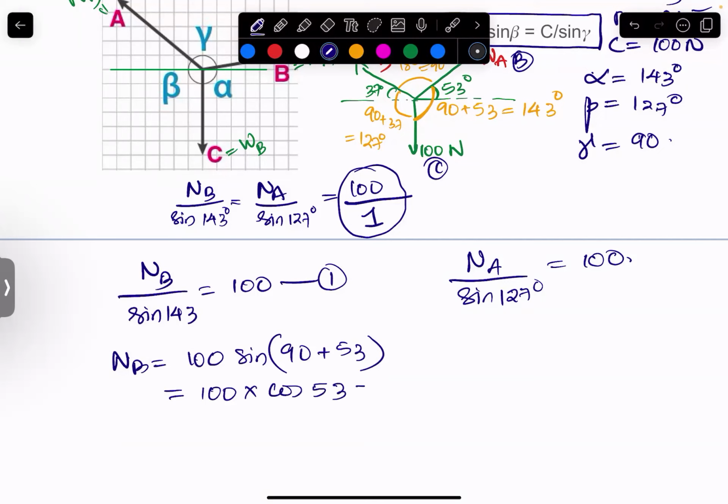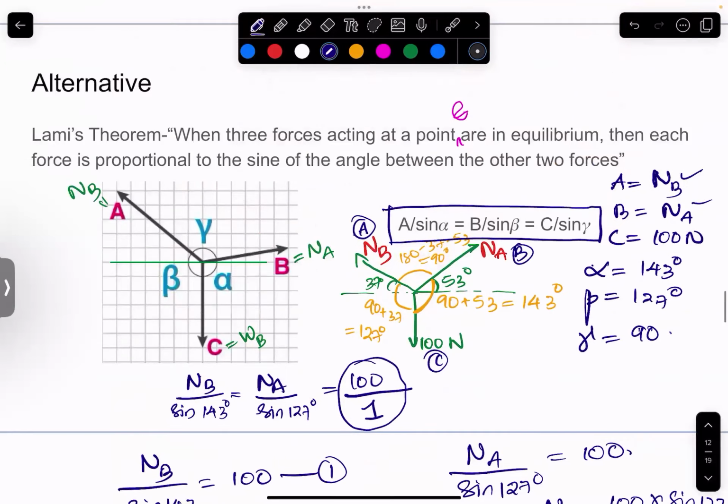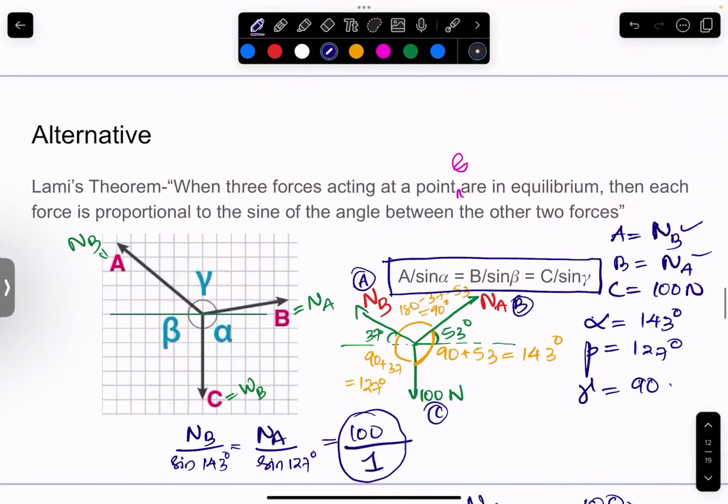Cos 53 is 3 by 5, right? So 100 times 3 by 5. And NA equals 100 times sine 127. So this is how you calculate the reaction forces here.